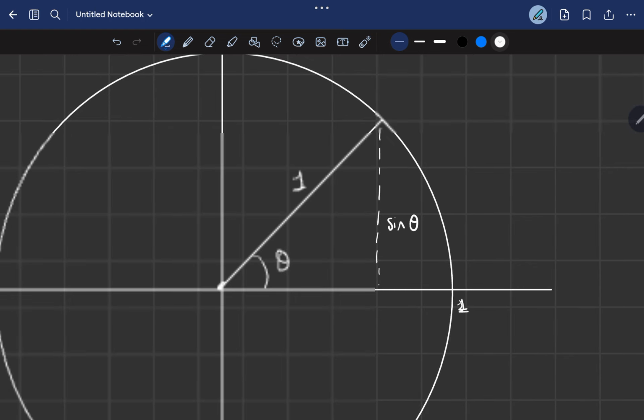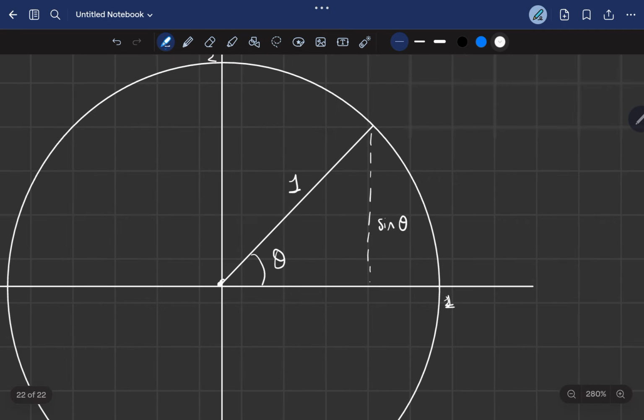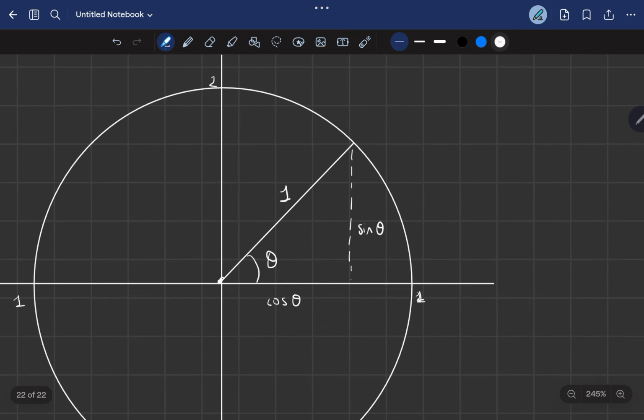Okay? And this length right here is going to be cos theta. Okay? So, if I was asking you what the coordinate of this is, it's going to be cos theta, sine theta.